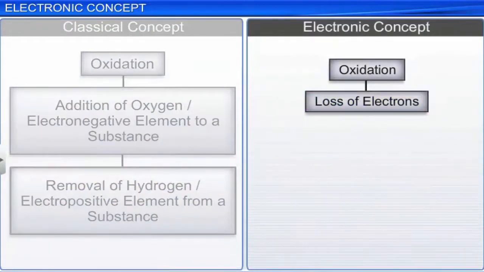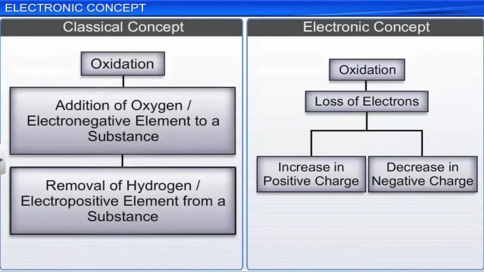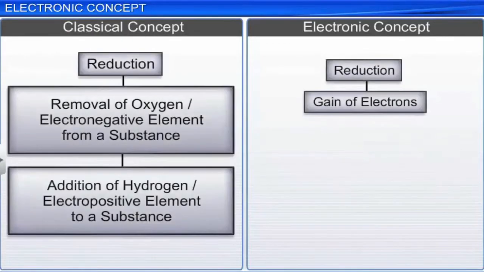In a chemical reaction, during the formation of products from the reactants, the loss of electrons results in the increase of positive charge or decrease of negative charge of the species. We know that reduction is the opposite of oxidation.